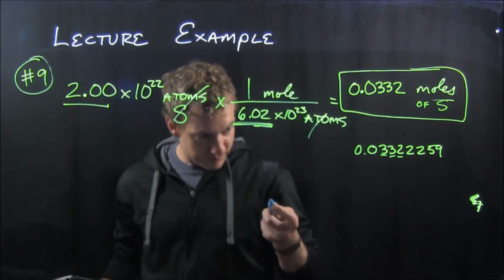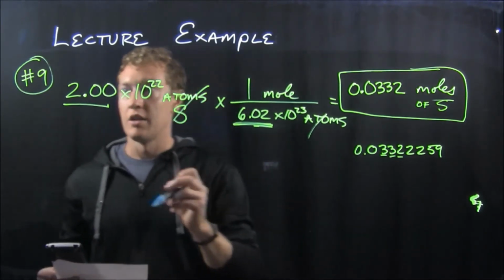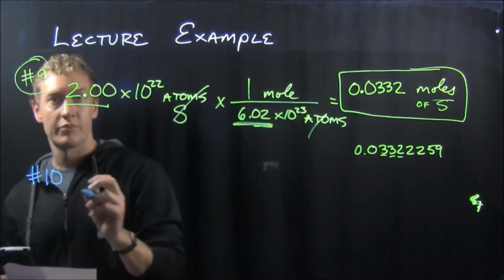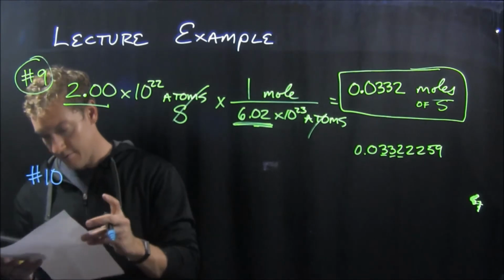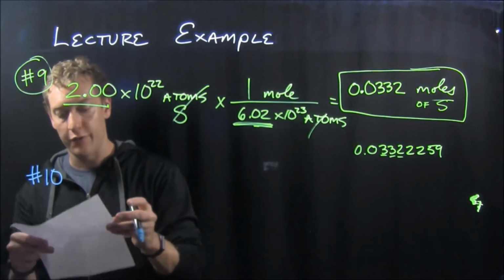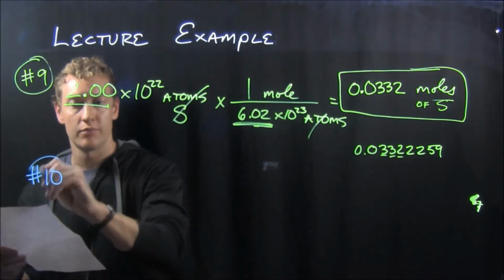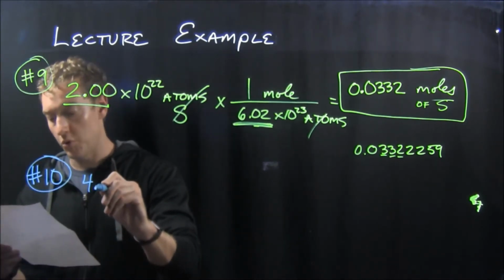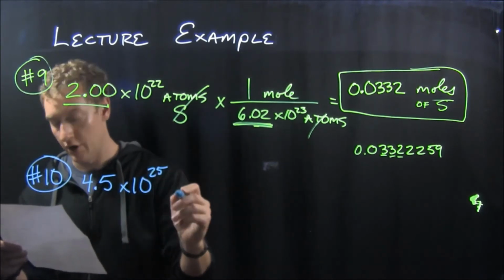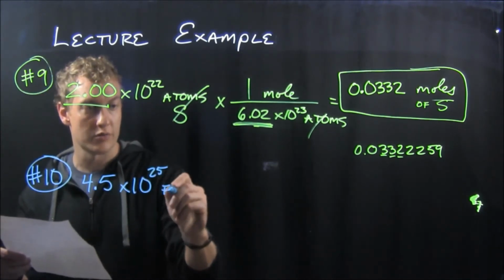All right. Next up, we got number 10. Number 10 wants to know how many moles are present if you have 4.5 times 10 to the 25th formula units of NaHCO3.